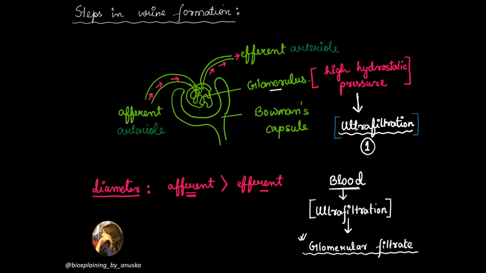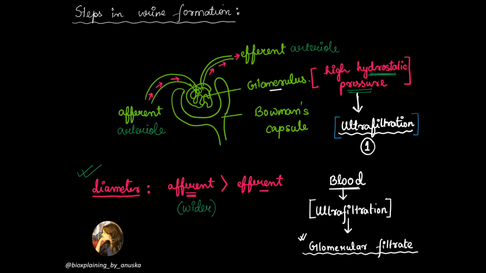What happens in the glomerulus is that a high hydrostatic pressure develops. Why? Due to the diameter difference between the afferent and the efferent arteriole. The afferent arteriole is much wider as compared to the efferent arteriole.